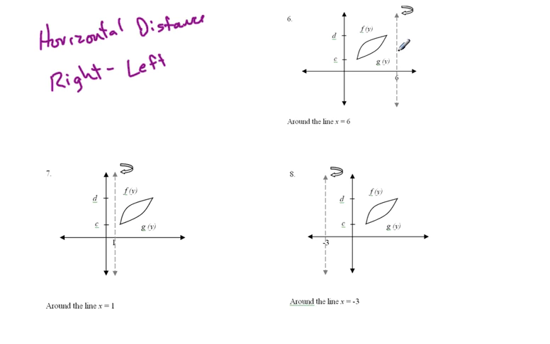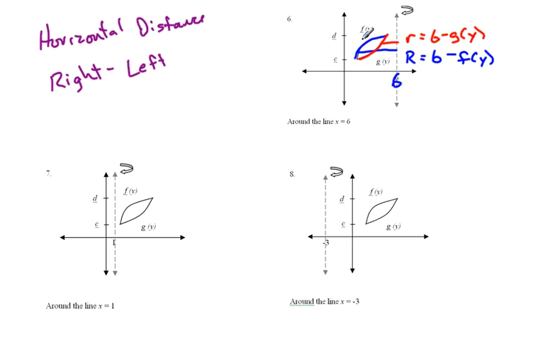We start from this line and go out here, and there's my big R. Big R is going to be my right function, which is here at 6, 6 minus f of y. My small radius goes from here to the red one, so little r equals 6 minus g of y.